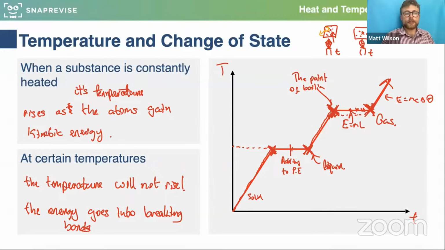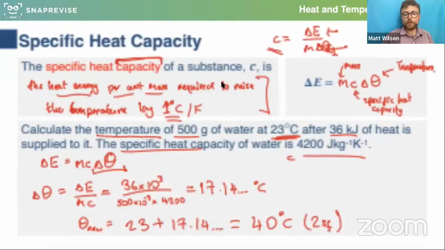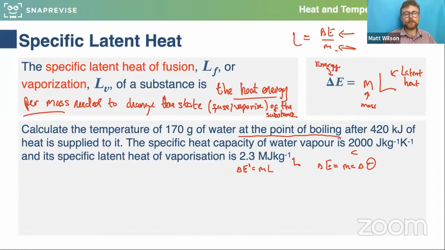Okay, so let's go back to our question. We're at the point of boiling. We have 170 grams of water at the point of boiling. We add so much heat to it. The specific heat capacity of water vapor is so much. The specific latent heat of vaporization is so much.